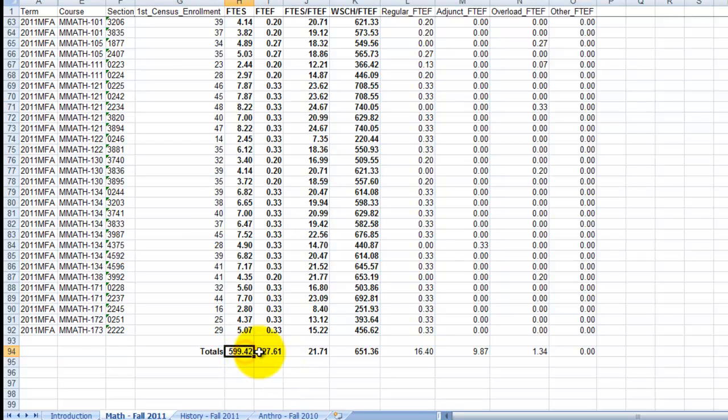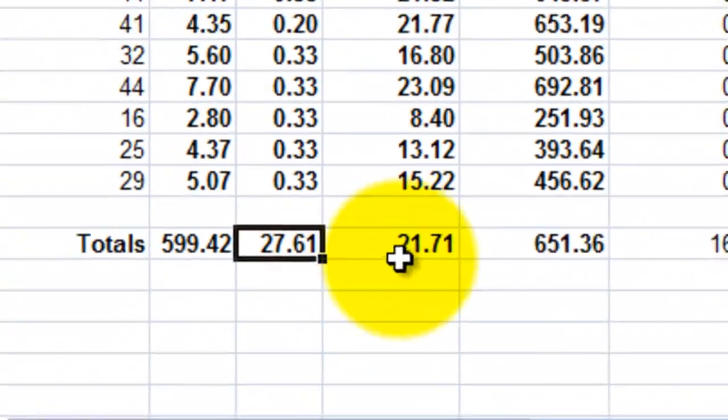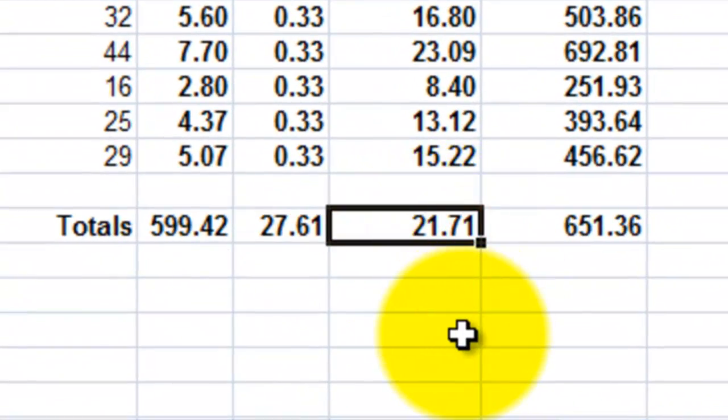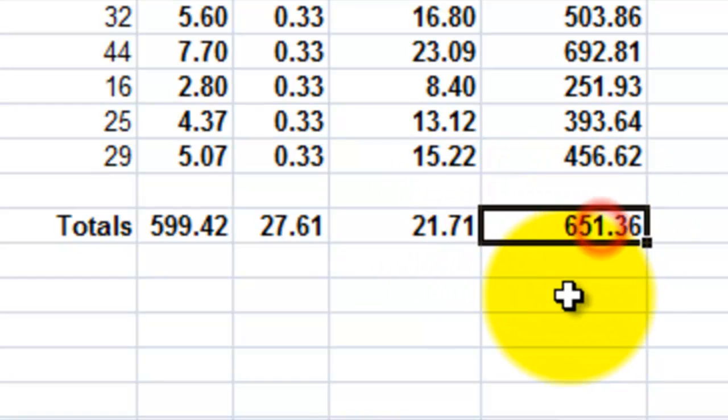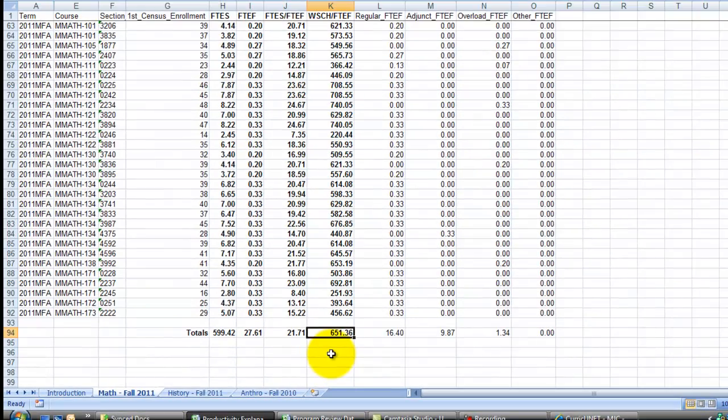When you divide these two numbers, 599 over 27.61, it gets you 21.71. And then we scale that up, and that's a department-wide WSCH per FTEF value of 651. And statewide, folks are looking to have WSCH values of 500 and above. And so 651 is nice and solid.